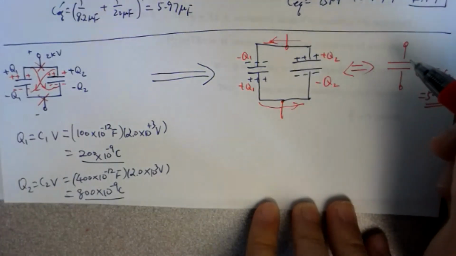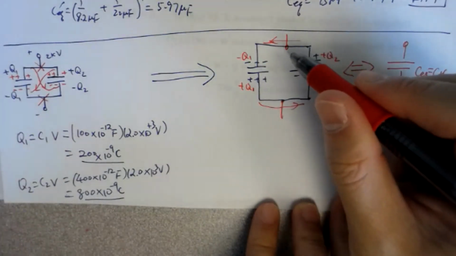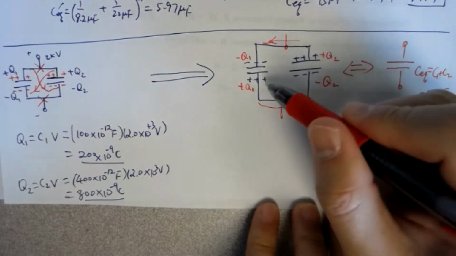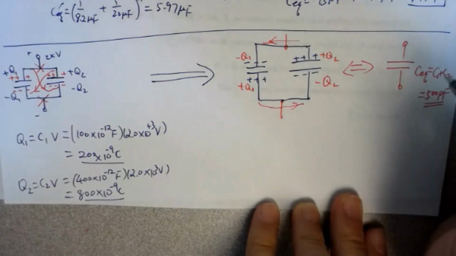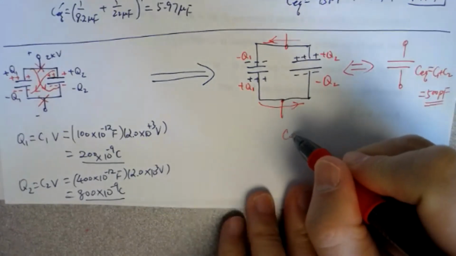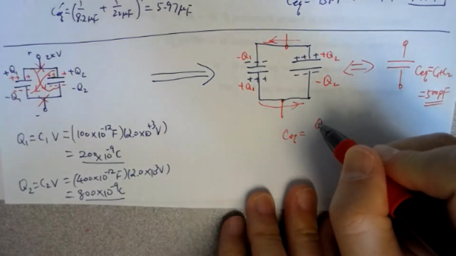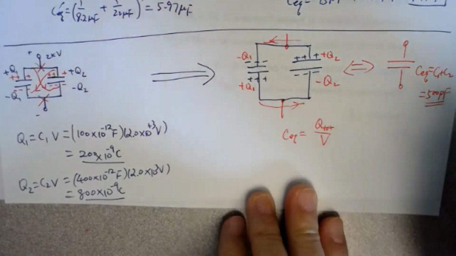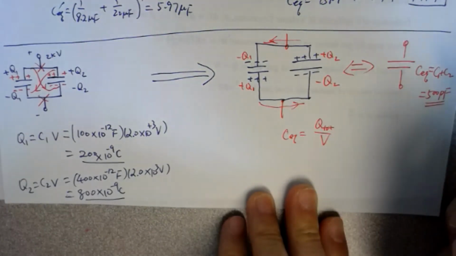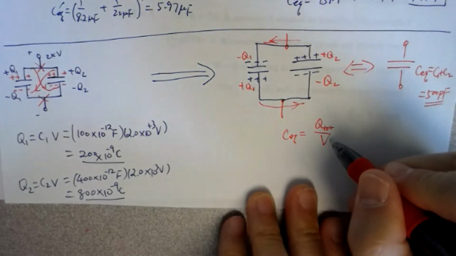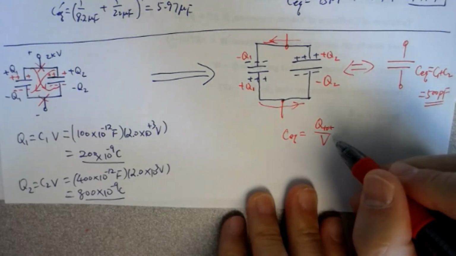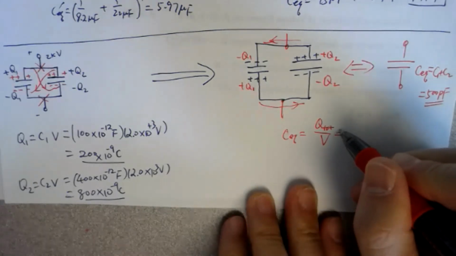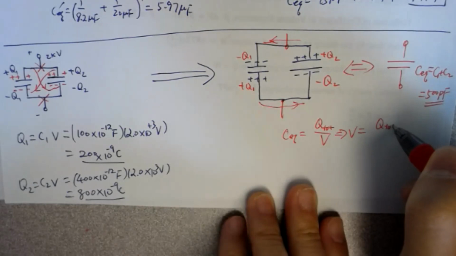If we can calculate the total charge on the top plate and on the bottom plate, we can use CEQ equal to Q total divided by V. The voltage is what we are looking for, so V is equal to Q total over CEQ.